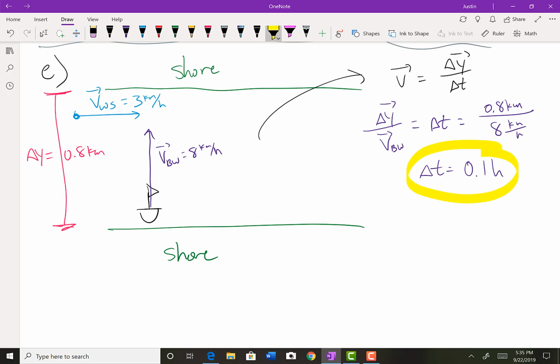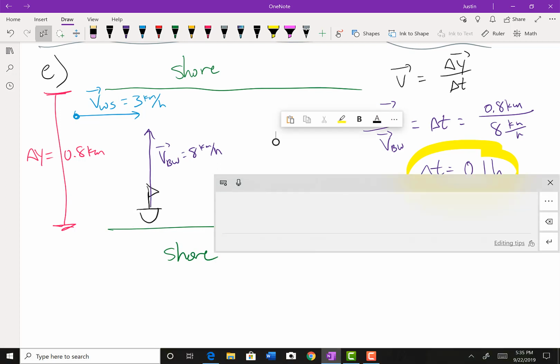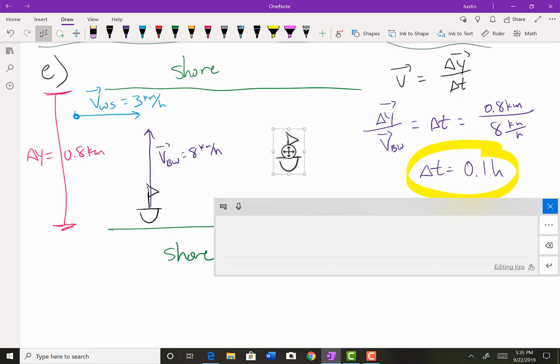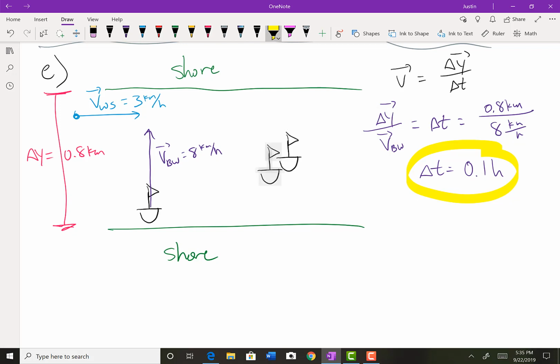So that's the amount of time it would take. But the question they also asked is, how far away is the boat going to be? Because, like we said, the boat is actually going to travel. Let's just use this. The boat's going to be here, and it's actually going to travel this way until it eventually ends up here because of this vector.